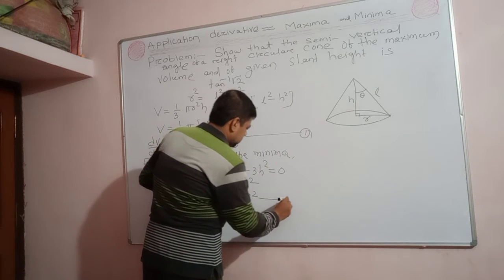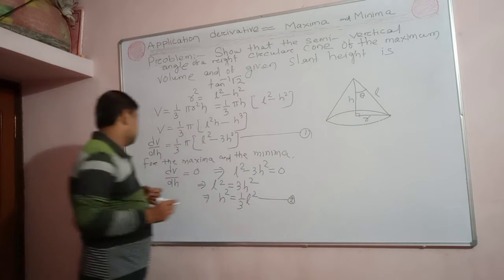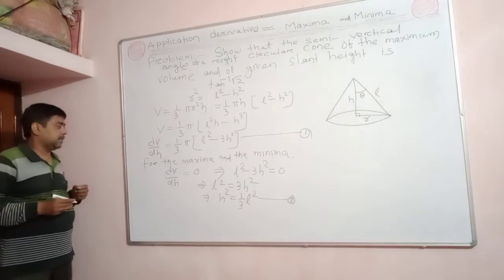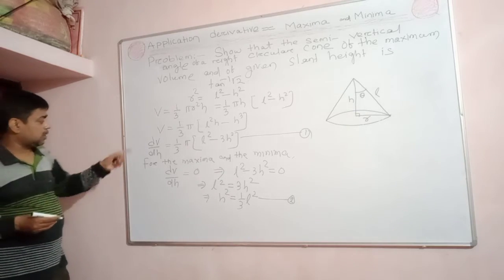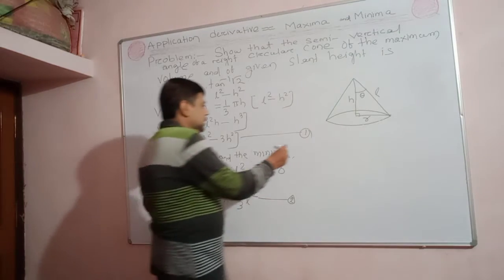Now let us find out the second order derivative test, d square V by dH square. Okay, let us see now.